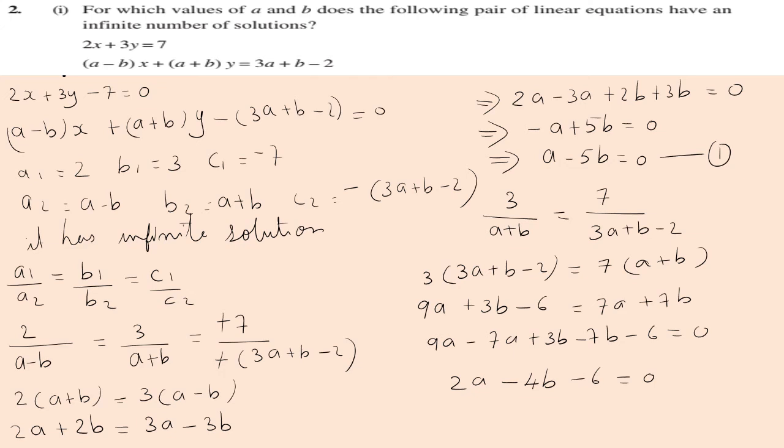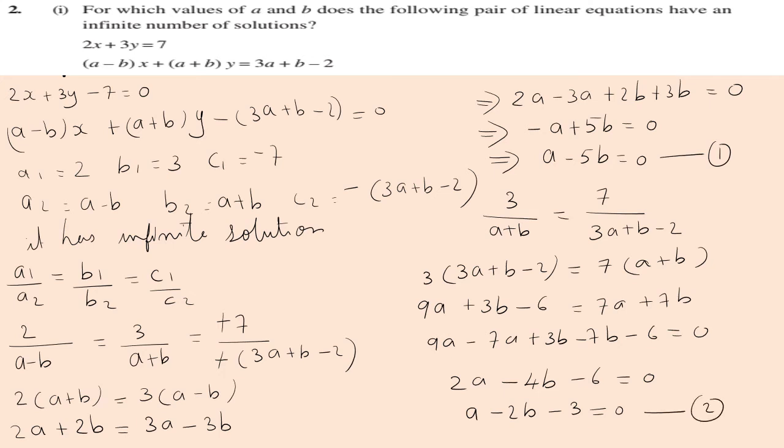Now 2 is common in all the terms, so you can take it outside and cancel it. That is a minus 2b minus 3 equal to 0. You number the equation as 2.